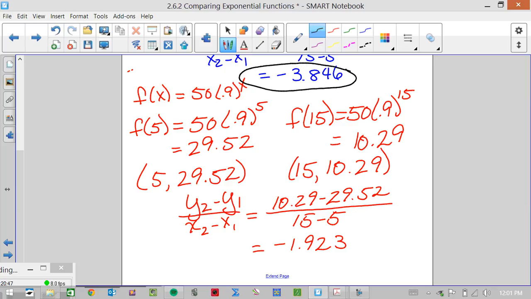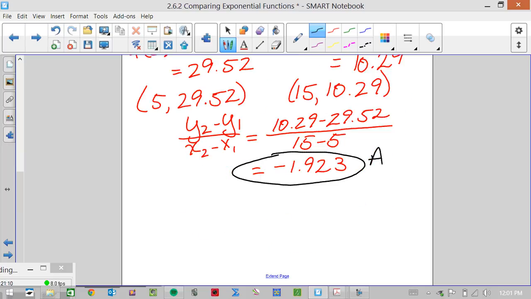So my first rate of change, this is pendulum B, compared to my second rate of change, pendulum A, shows that pendulum A slows down, or was at a slower rate of change than pendulum B. So how would we answer our question?